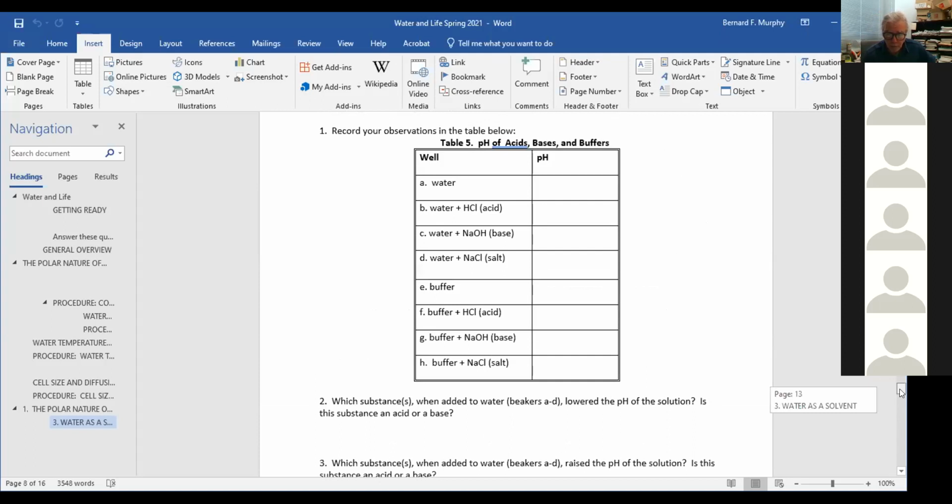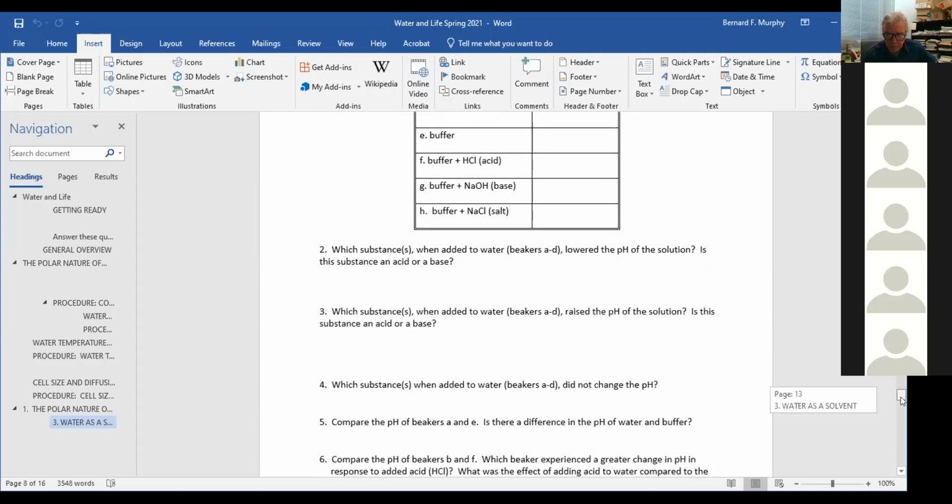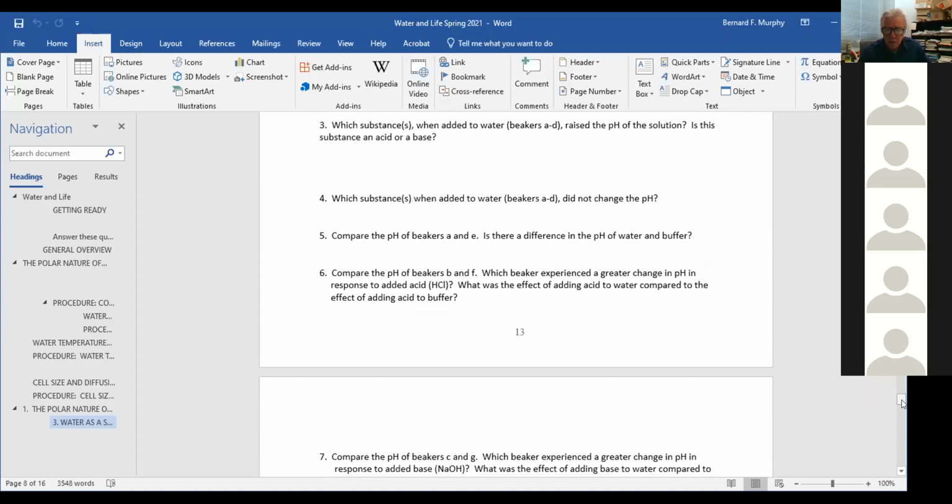F is buffer and acid. So the beaker without the buffer experienced a greater change in pH. And so the effect of adding acid to water compared to the effect of adding acid to buffer, you get a much smaller pH change with a buffer. And that's the whole purpose of a buffer. That's the whole function of a buffer.